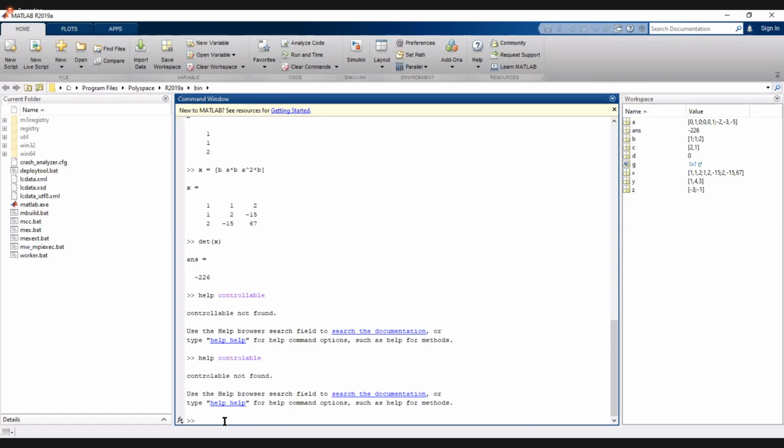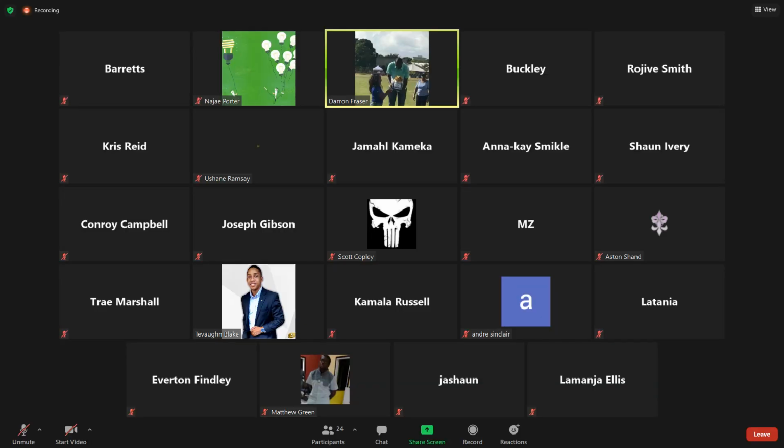Everybody, let me just talk about observable, and then I'll give you the command, because you never have to do all of that. You could just type in the command for controllable, and from there you could take it.